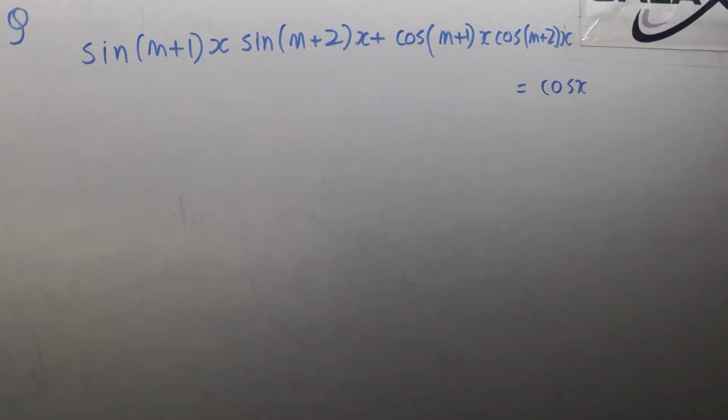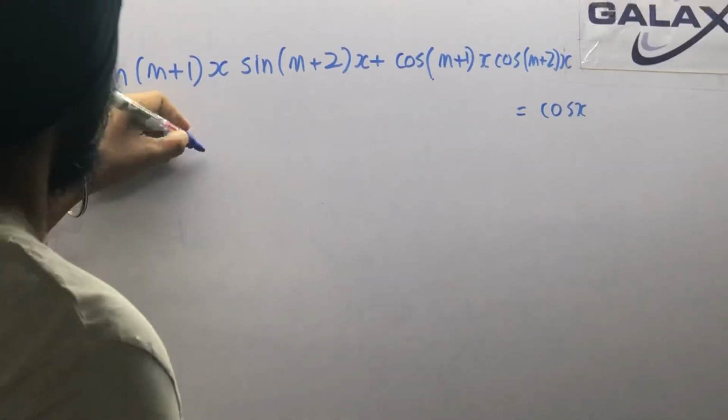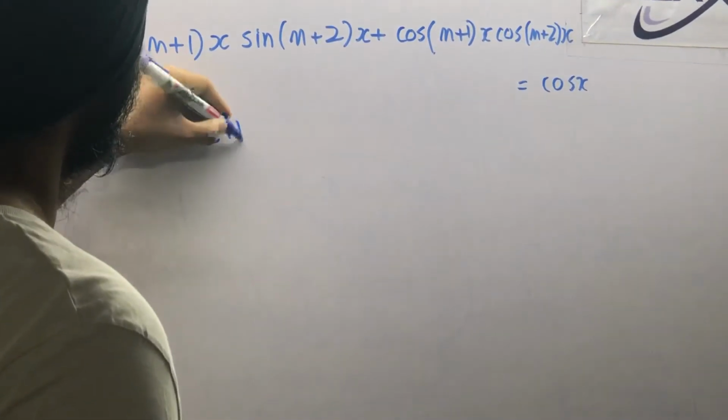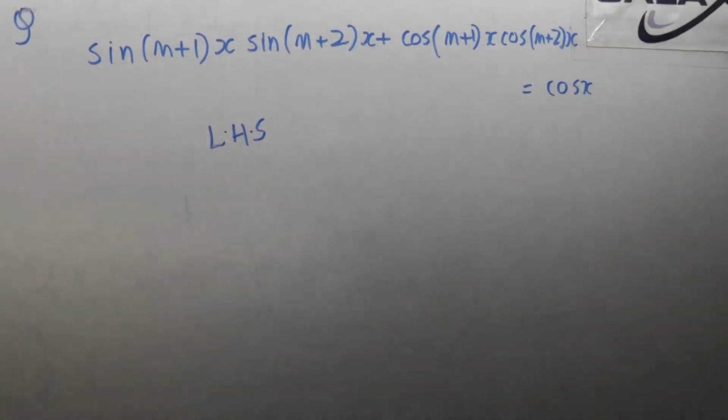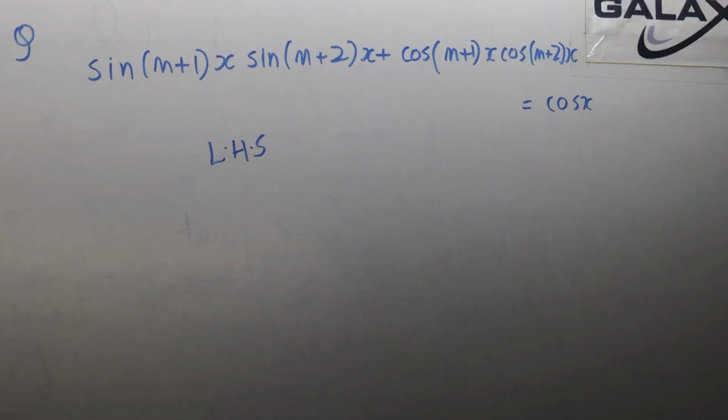So obviously I will start from the left hand side because that is the very complicated one. Now before starting, look carefully at this question. Are you seeing some pattern?